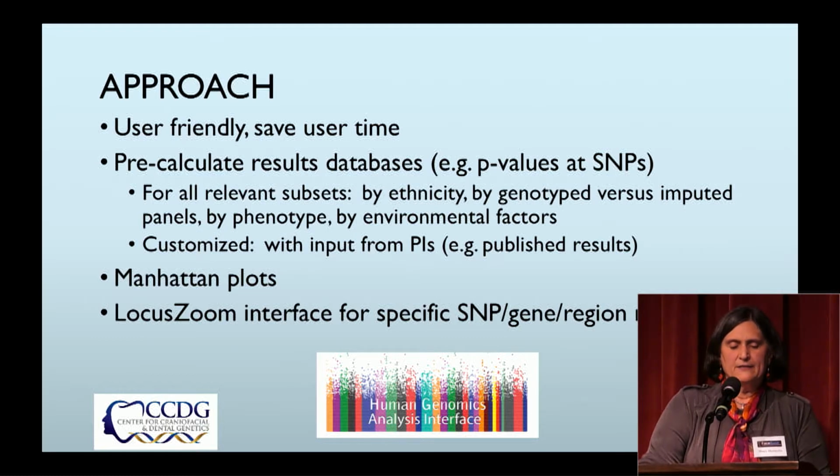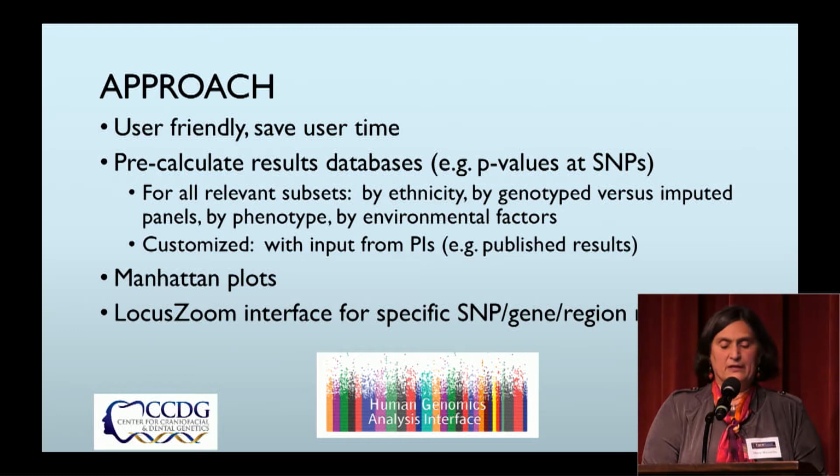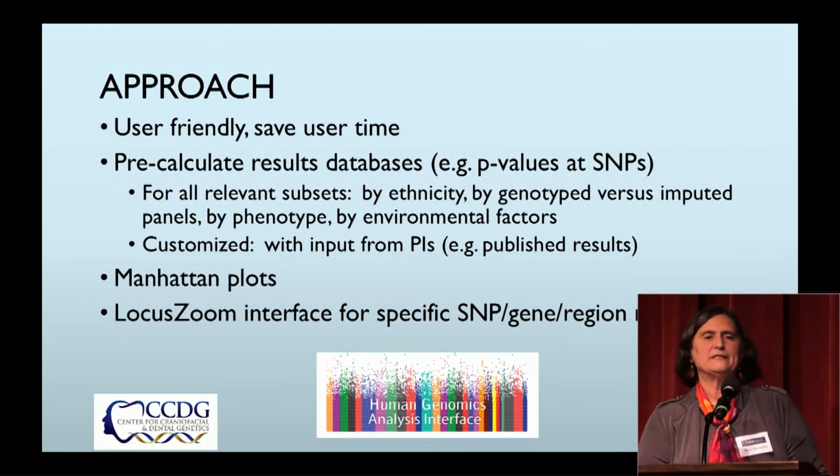For our relevant subsets, we also needed to calculate results databases, so by ethnicity, by whether you want just genotyped SNPs versus imputed SNPs, by specific phenotypes. For example, for oral facial clefting, you can do subsets of families where there's cleft lip only or cleft palate only, cleft lip with or without cleft palate, et cetera, and in some cases by environmental factors that were measured for the particular study.